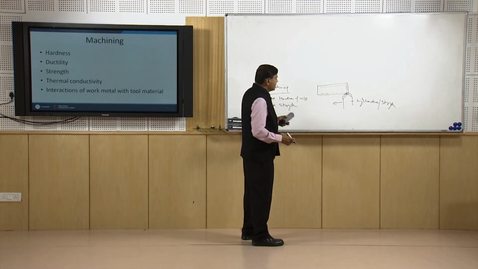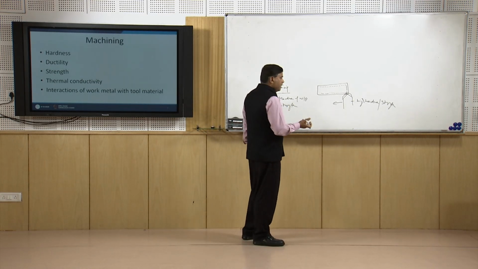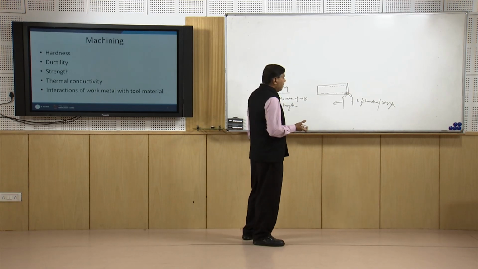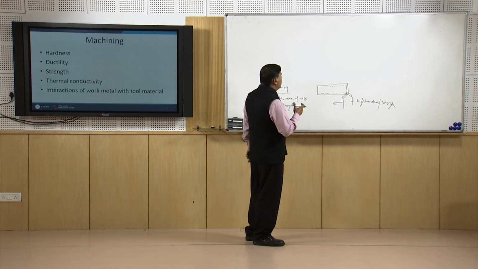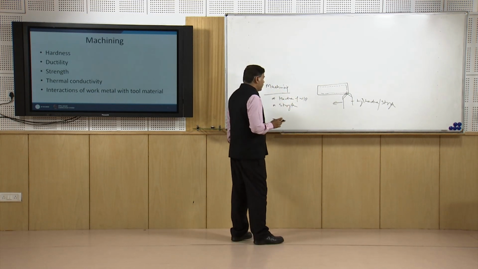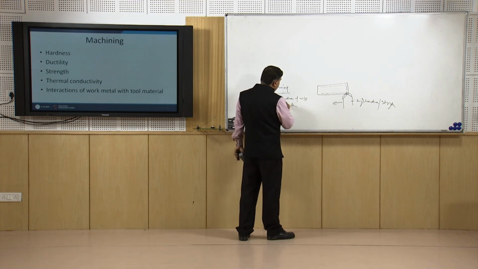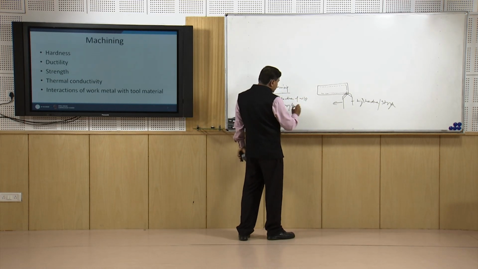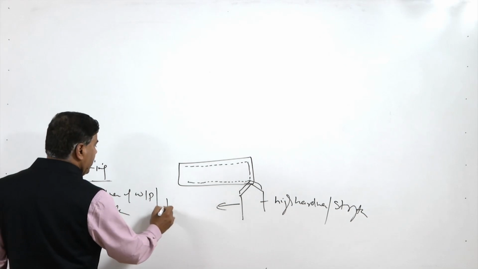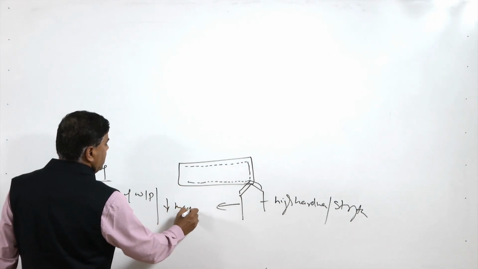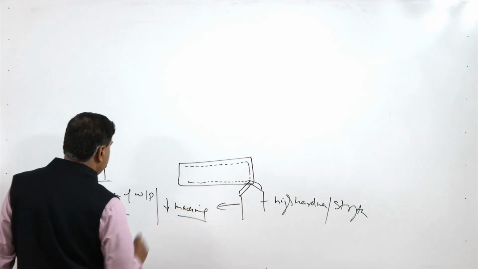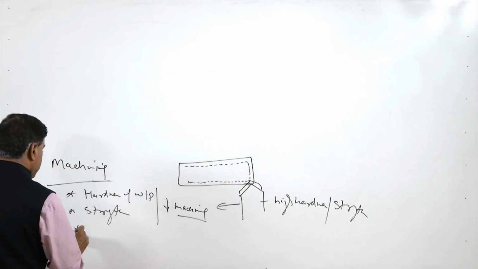If the strength is higher, it will take greater power for removal of the material, so power consumption for machining will be more. It will make the job of machining difficult. So, the higher the hardness and the higher the strength, both will reduce the ease of machining of a given material. Then the ductility.